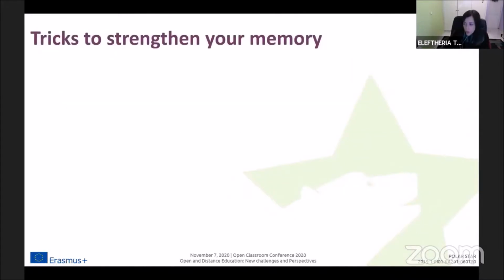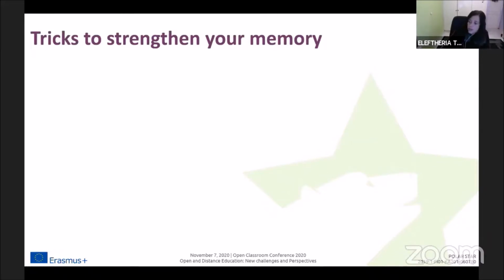Tricks to strengthen your memory. How can we strengthen our memory? This is mostly related to the first question. There's actually a very fun trick that comes to us through the ages. It goes back thousands of years to ancient Greece and ancient Rome. It comes from Cicero, the method of Loci, as I also read it in some bibliography.